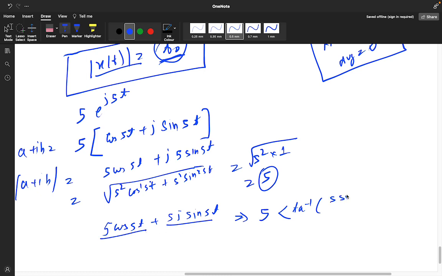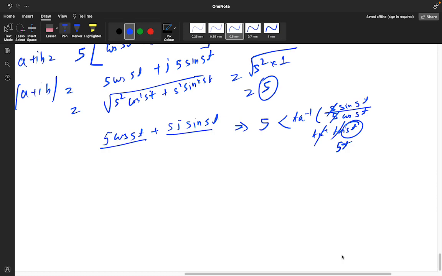So 5 sin 5t divided by 5 cos 5t. This 5 will get cancelled out. You will get sin 5t by cos 5t as tan 5t, and tan inverse is there, so this will get cancelled out. So you are getting the angle as 5t only.